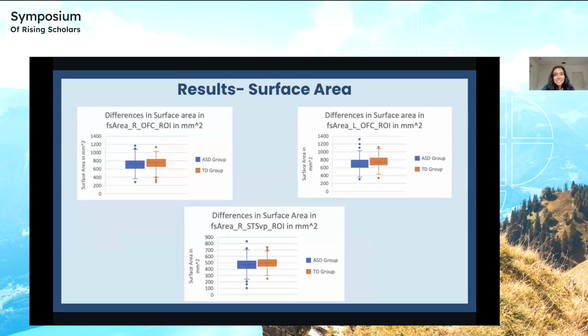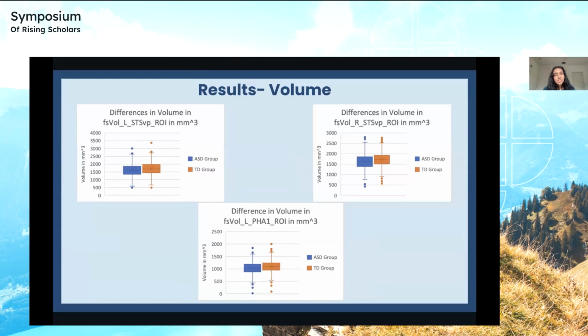So, after conducting a t-test, the top three regions of the brain whose surface area were most affected were the left OFC, where the typical development group has a 7% increase in average surface area. The right OFC has a 6% increase, and the right superior temporal sulcus ventral posterior, or the STSVP, has a 5% increase. In terms of volume, where areas were most affected, the left STSVP showed that the typical development group has a 7% increase in total volume.